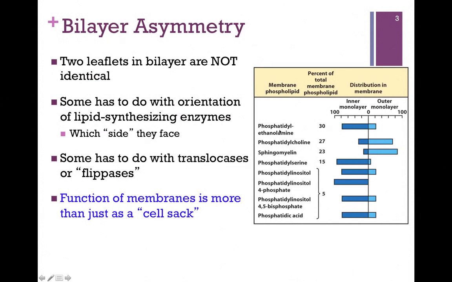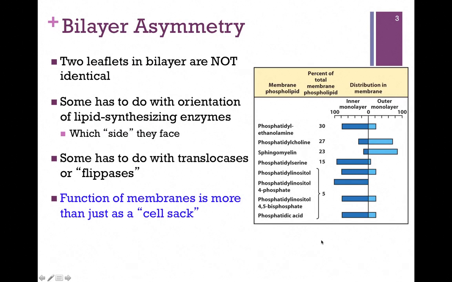We'll notice that phosphatidylethanolamine is usually localized to the inner monolayer, whereas phosphatidylcholine is usually in the outer monolayer. And you can see it varies quite a bit depending on the lipid, but they do tend to localize on one side or the other rather than being equally distributed between the two monolayers.